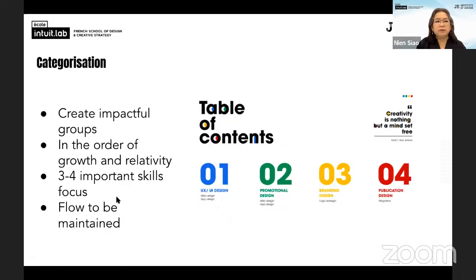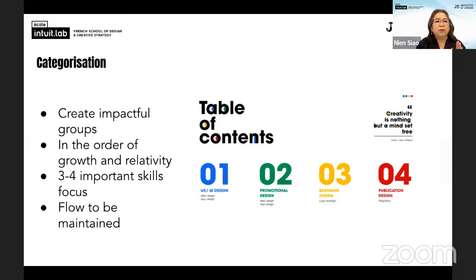So create impactful groups in your portfolio. Make sure that you have divided your work over categories. For an aspirant, it may be sketching, painting, photographs, infographics, or just doodling, any of these categories that you understand.